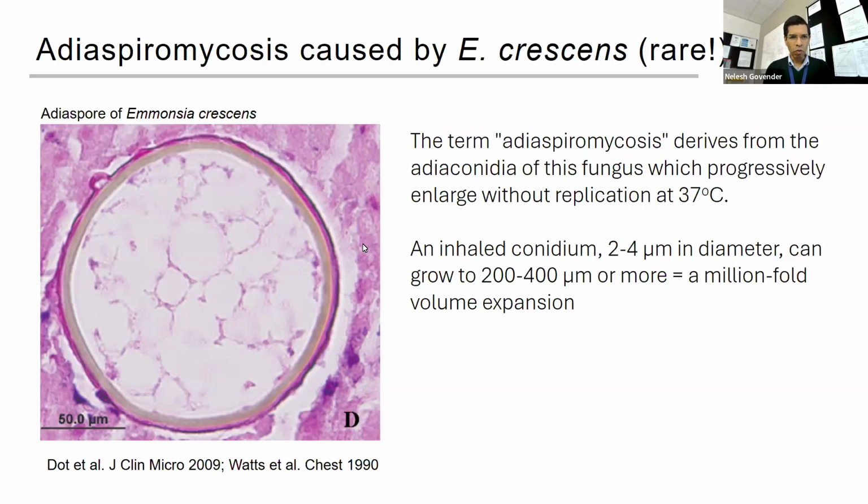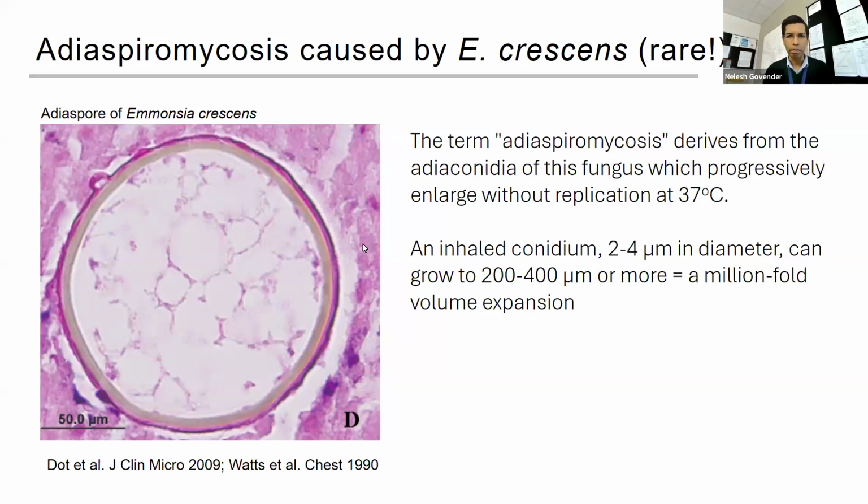Essentially, what happens is you inhale these conidia. The term adiaspiromycosis comes from the adiaconidia of this fungus, which progressively enlarge in the lungs without replication at 37 degrees Celsius. The inhaled conidium, which starts off at about 2 to 4 microns in diameter, can grow to 200 to 400 microns or more, which is a million-fold expansion in its volume.